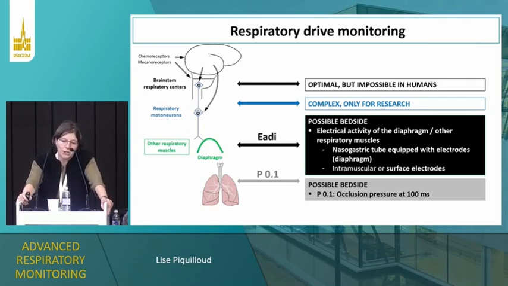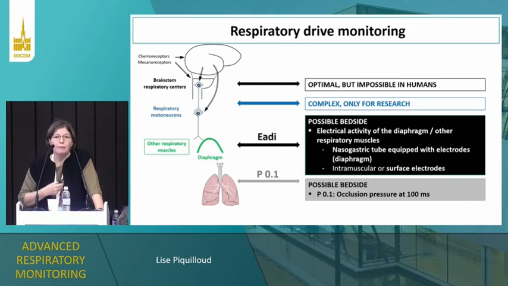What is much easier to do is monitoring the electrical activity of the diaphragm. Because when the action potentials reach the muscle cells of the diaphragm, they lead to depolarization. If you record the electrical activity at this level, you have the depolarization that is directly related to the information that comes from the brainstem respiratory centers. So this reflects the drive.